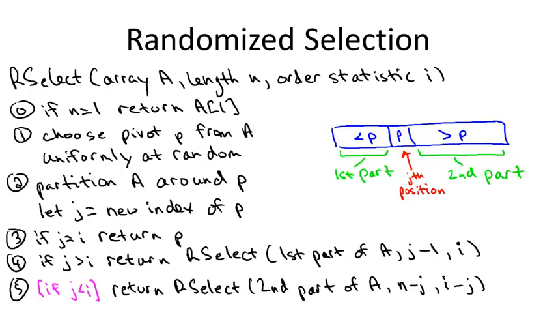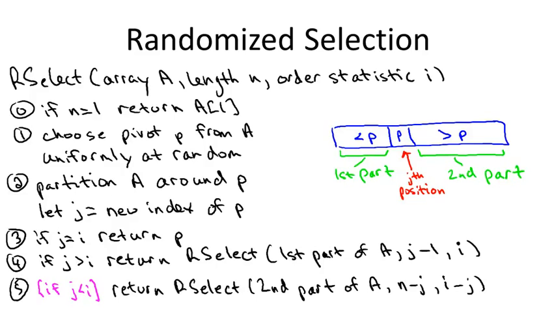Then it means we're safe to throw out the pivot and everything less than it. We're safe recursing on the second part, those elements bigger than the pivot. Having thrown out the j smallest elements, we're recursing on an array of length n minus j, and we're looking for the i minus j smallest element in those that remain, having already thrown out the j smallest from the input array. So that's randomized selection.